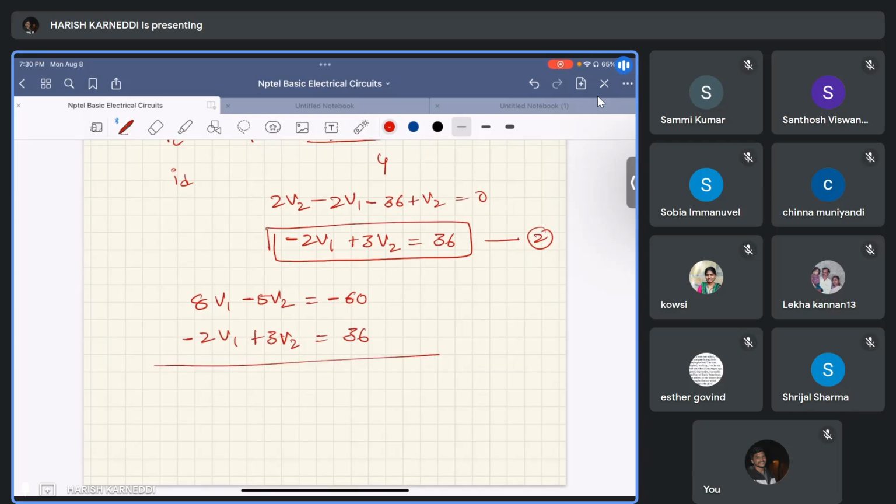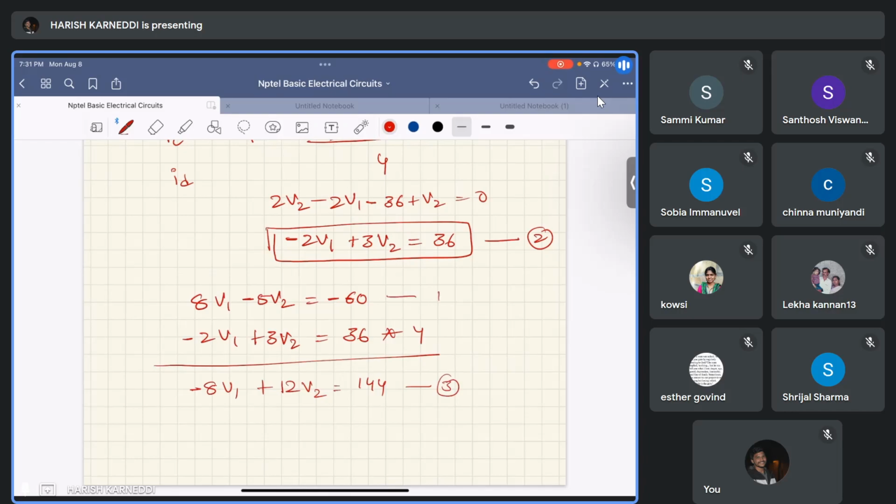By solving these two equations, we can multiply the second equation with 4, and what will happen? Minus 8V1 plus 4 threes are 12, 12V2 equal to 4 into 36. What's the value of 4 into 36? It is 144, right? This is equation 3.